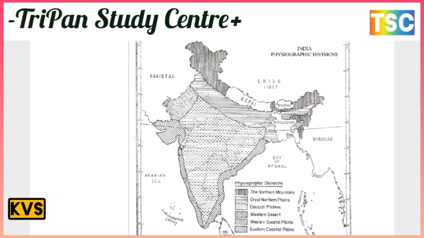The Deccan Plateau covers almost all of India, and the western desert is the Rajasthan side. The western coastal area is Gujarat and Goa and some of Kanyakumari here, and the eastern coastal plain is most important here, with sides such as Calcutta. This map is important.